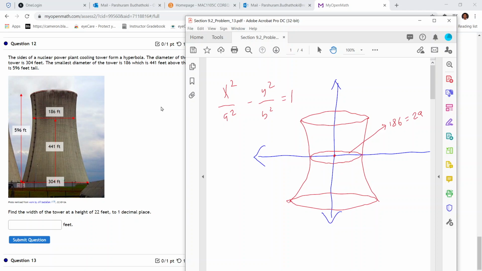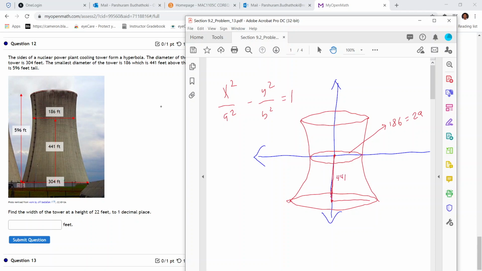Now you can see in this picture that this is 441 feet down. So from this point to this point down here, that is 441.